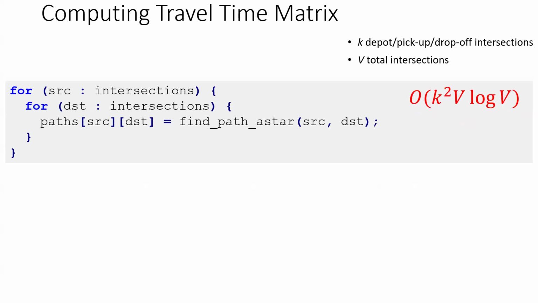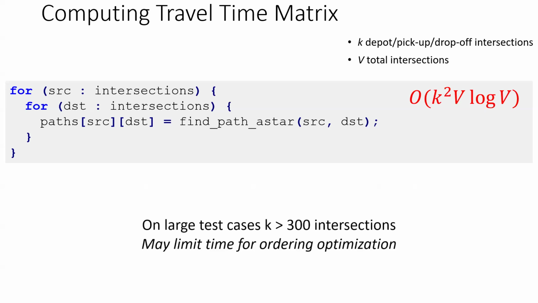Yeah. O of K squared V log V. The K squared comes from the nested for loop. But on large cases where K is larger than 300 intersections, this can be very, very slow. And that will limit time for your later ordering optimization, which should take more time.